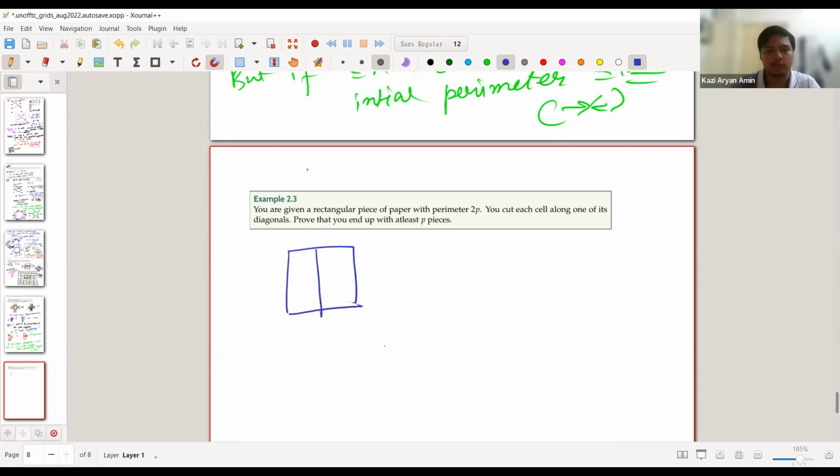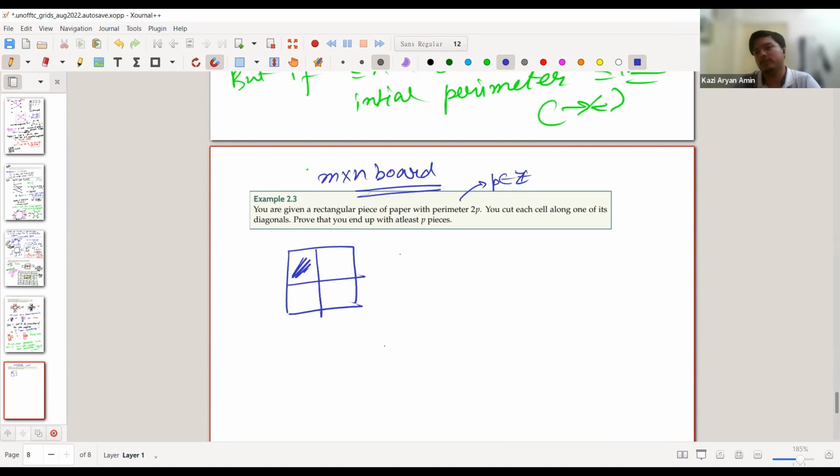So this is, I suppose, a 2x2 paper, and this is a cell. I mean, just the regular rectangular thingy. Suppose you have an m cross n board. I kind of wrote the question in a hurry, so sorry about that.